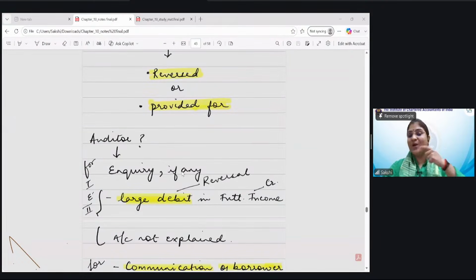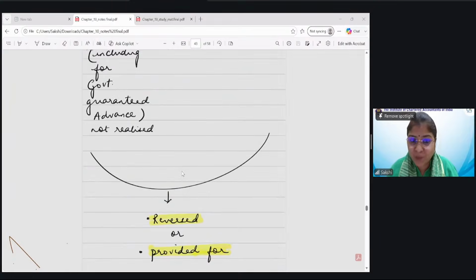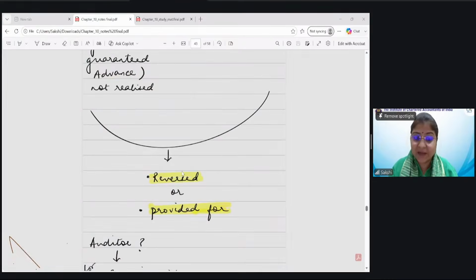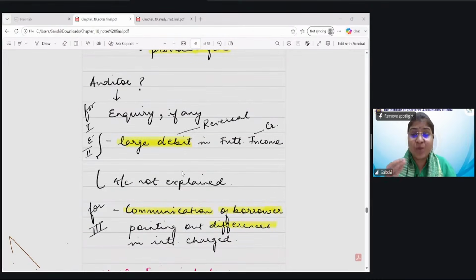Large debit means you have done the reversal, because interest income is usually credited, but now you have debited it, so it means you have done the reversal. Are you understanding this, students, or not? So as an auditor, you will see that, oh, this large debit means the reversal has been done. So for point 1 and 2, reversal is done. Again, there was some communication of the borrower pointing out differences in interest charges.